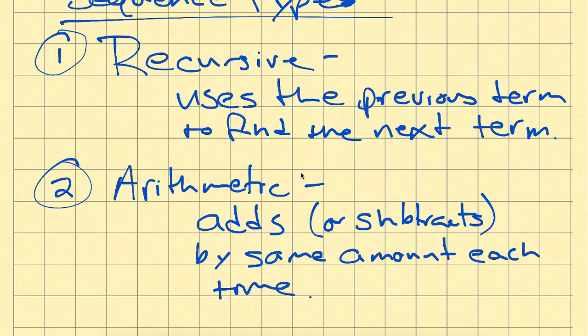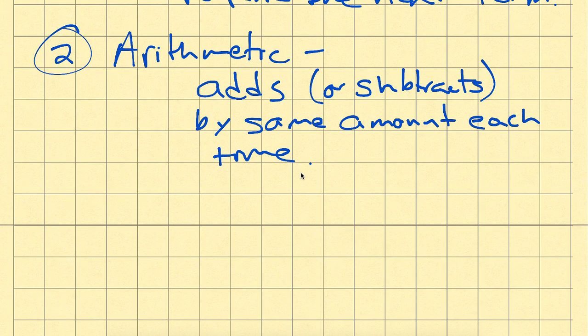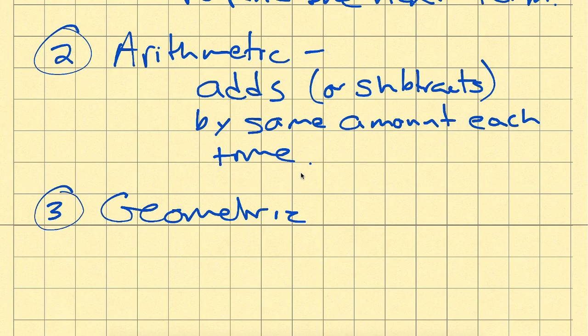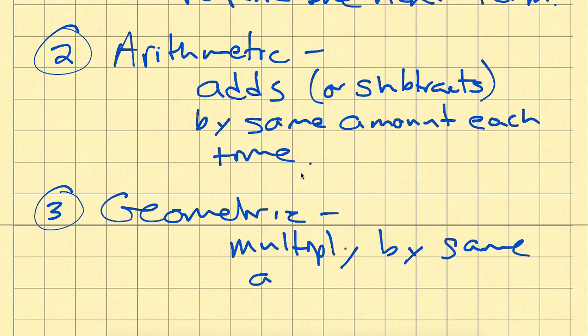So if it's going up by 3 or down by 7 every time, that's arithmetic. Third one is geometric. Geometric is one where you multiply by the same amount each time. Okay, so that's geometric, is when you multiply by the same amount each time.